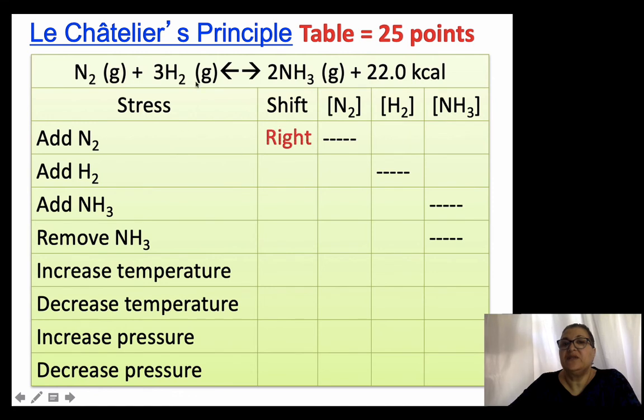So it's going to shift to the right. And when you have an arrow shift to the right, everything on the tip of the arrow is going to increase. Everything on the tail of the arrow is going to decrease. So NH3 will increase, H2 at the tail will decrease.